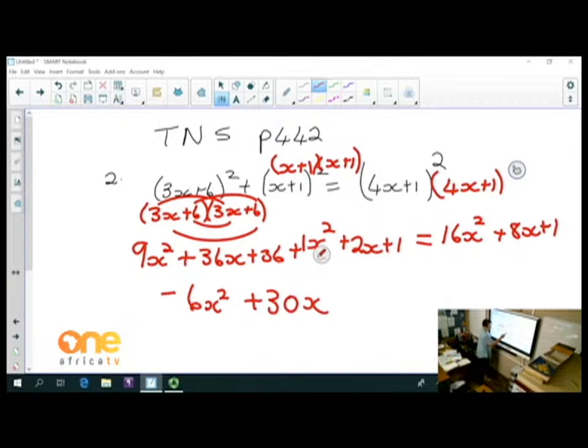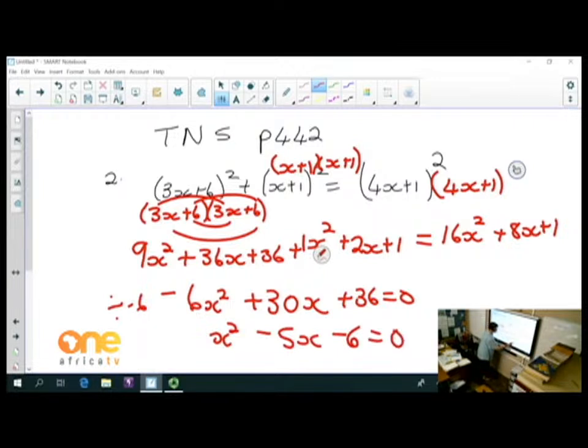And here the 36 plus the 1 is 37, minus 1 is 36, is equal to 0. Now it's always easier to get rid of this negative, and I can simplify this whole equation by dividing everything by negative 6. So then I have x squared minus 5x minus 6, which is equal to 0.